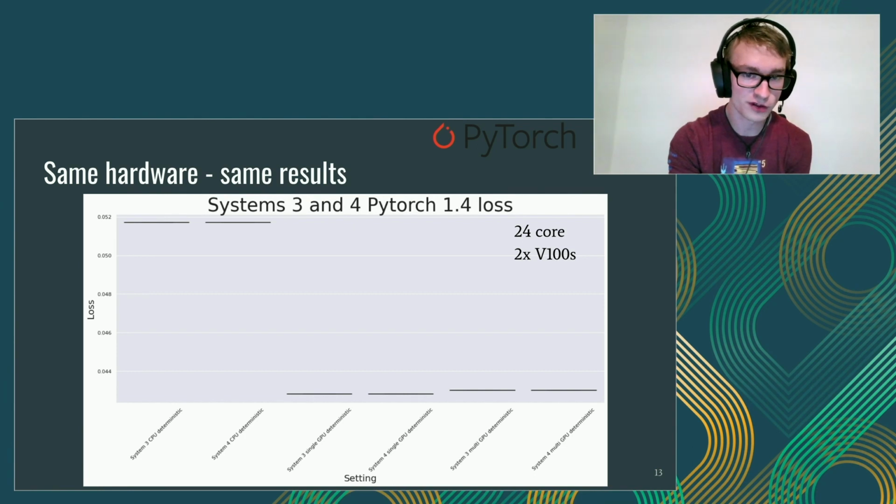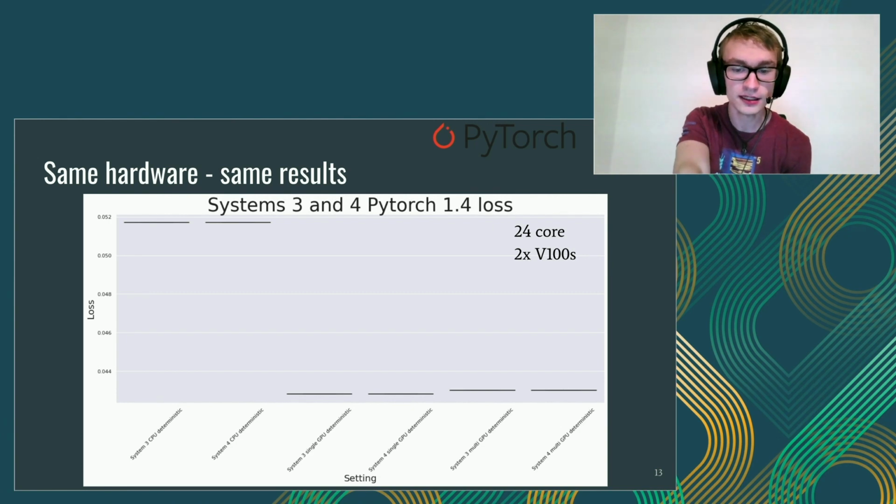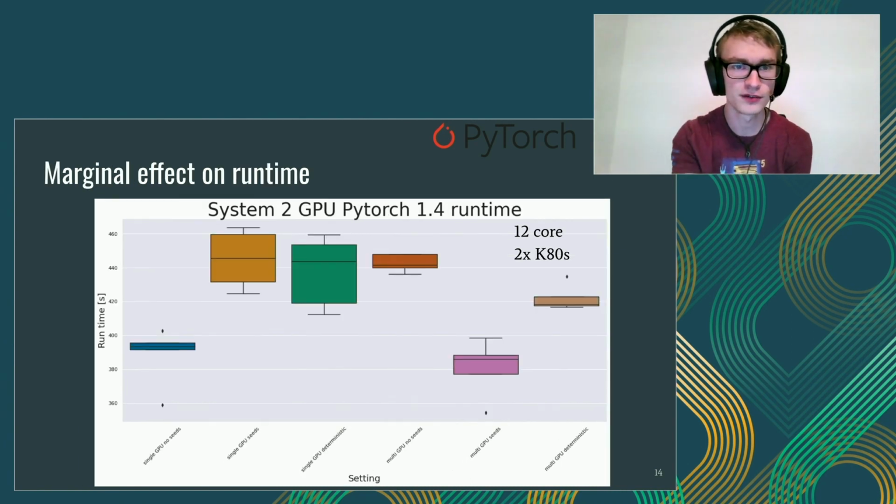So the first 2 box plots are for the CPU, same hardware, deterministic settings, same results. Same story for a single GPU, and the same story for multiple GPUs. Maybe you noticed earlier that when we compared system 1 and system 2, even if you enable all of the deterministic settings, the results are actually not quite the same. They differ a little bit. So what can we take from that?